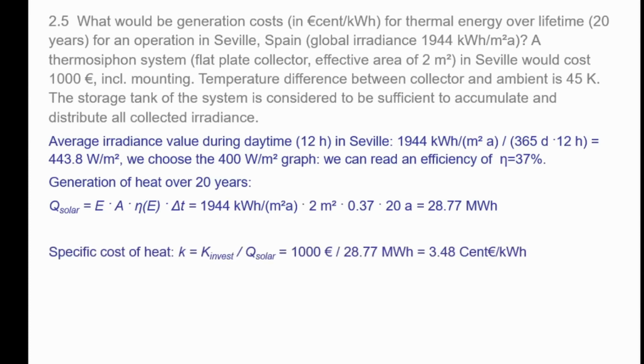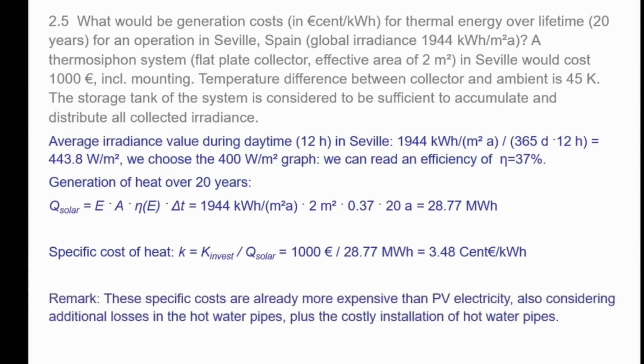Then the specific costs are, so we have the investment costs, which is about 1,000 euros, and generated heat during those 20 years. So we have a generation cost of about 3.848 cents per kilowatt hour of thermal energy. So the specific costs are already higher than PV electricity.